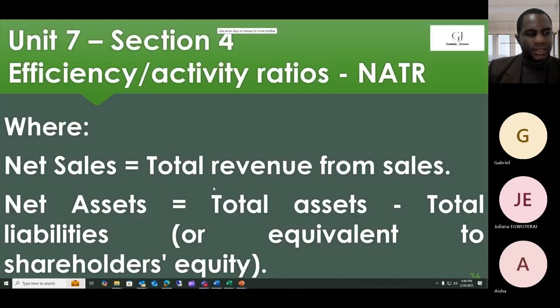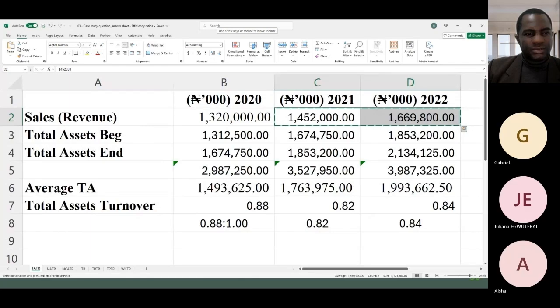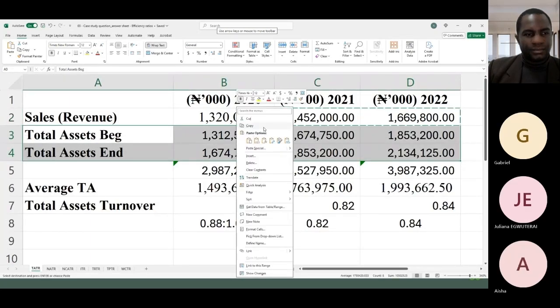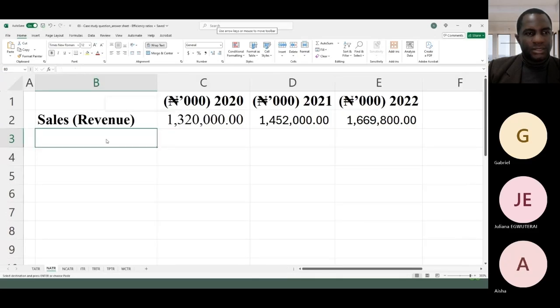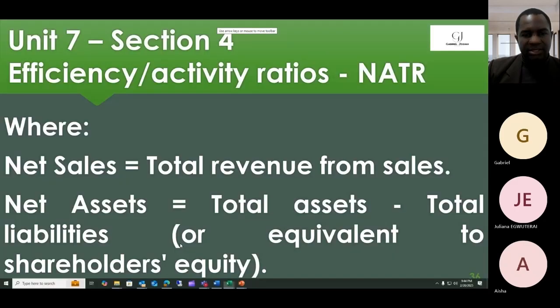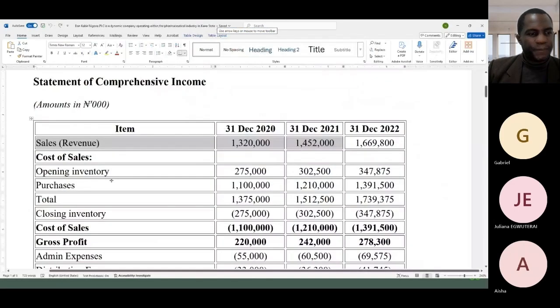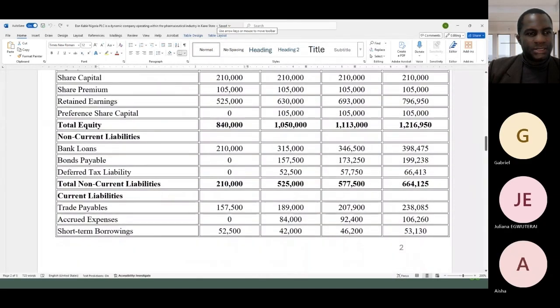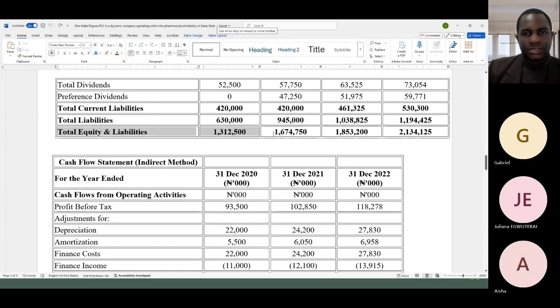I'll take my total assets, beginning and ending, and now I'll go and take my total liabilities. So I have the total liabilities here. I should have total equity and liabilities exactly.